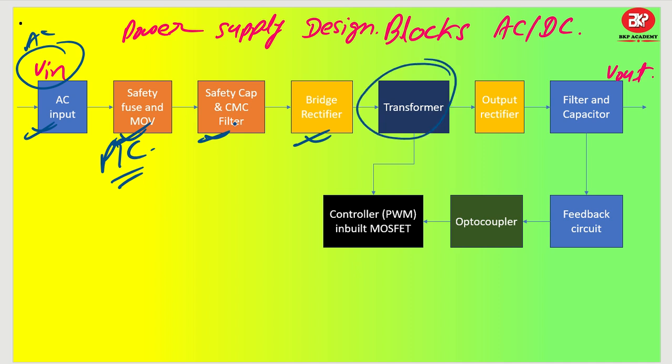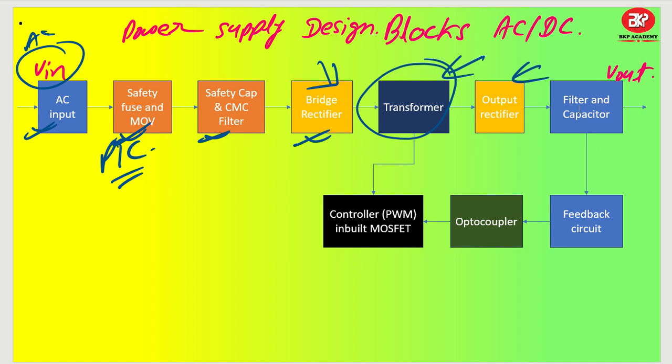However, we will not see the transformer design. We'll directly take a standard transformer either from the reference boards or from a lot of other places. I will tell you how to select a transformer for your design. Then we have output rectification, just like the bridge rectifier at the input, we have output rectification at the secondary side. Then we have filters and capacitors at the output also.